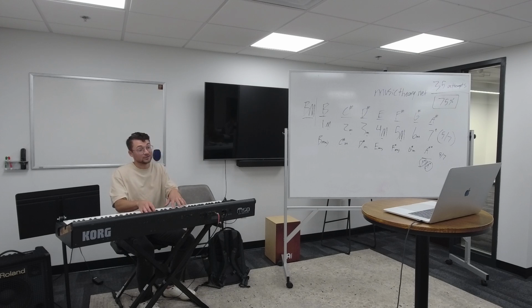What's that interval? A sixth, a major sixth. So that tells you that this bass note is going to be the 6th chord. So you can listen for the interval, and you can also listen for the quality of the chord. Is it major or minor?